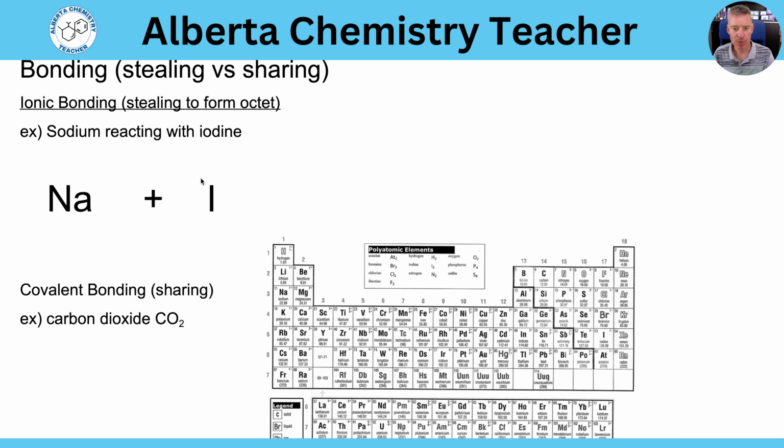Some of this is Chem 20, so you don't have to know everything here, but you do have to understand ionic versus covalent. So in ionic bonding, you've got a metal with a few electrons to lose, plus you've got a non-metal that needs to gain a couple.